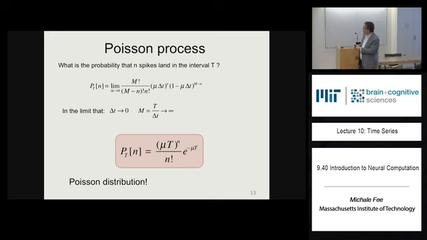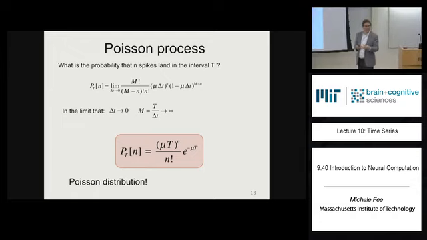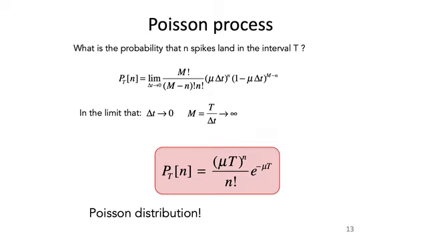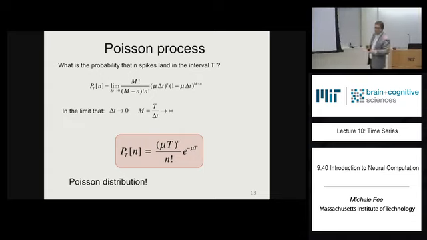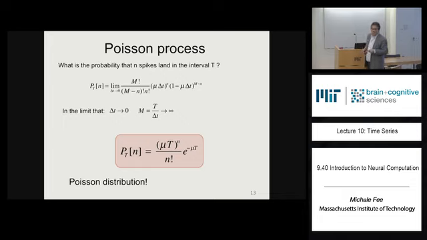What is mu t? Mu t is the expected number of spikes in that interval. It's just the number of spikes per unit time times the length of the window, divided by n factorial times e to the minus mu t, okay? And again, mu t is the expected number of spikes. And that is the Poisson distribution, okay?